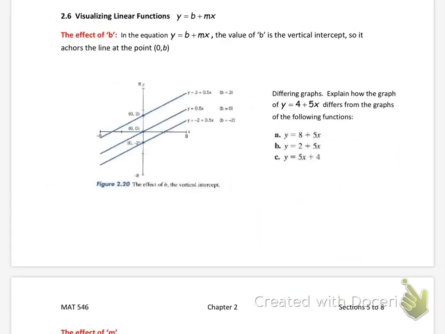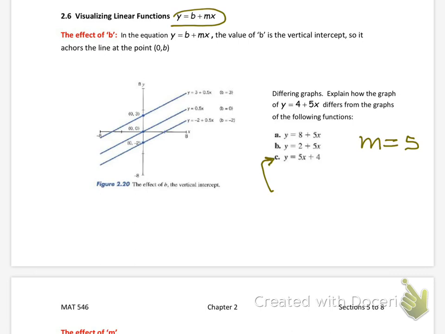Okay, in 2.6 we're going to talk about the effect of the Y-intercept on your line. So look at what we have here. We see that we have A, B, and C. So what do you see that's in common? What I see that's in common is the slope is always going to be 5. Now don't let C fool you.